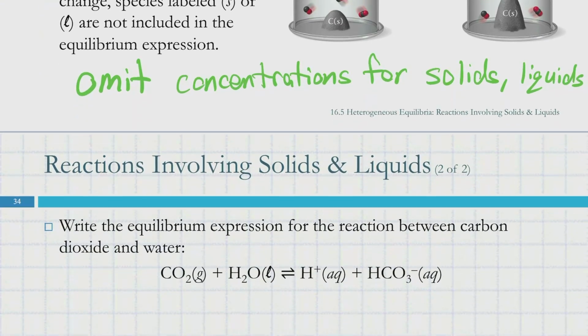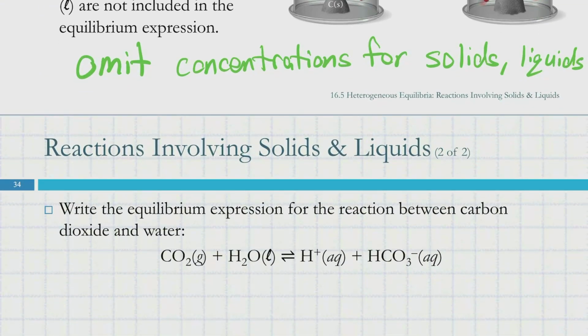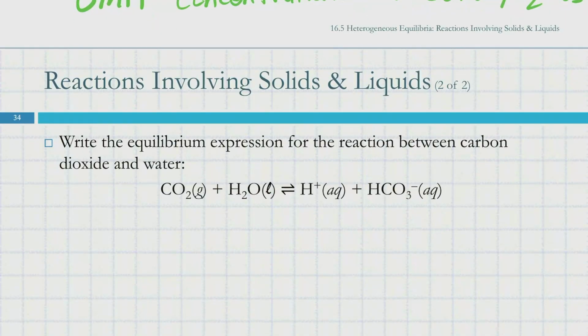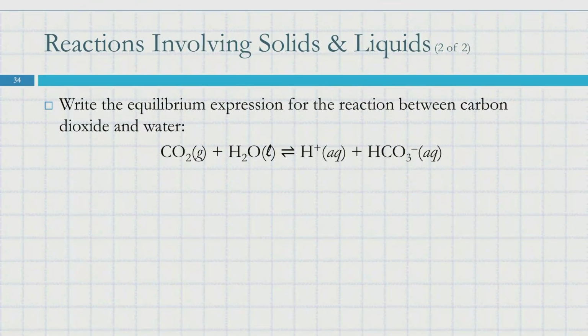What this looks like in practice is we've got the reaction of carbon dioxide dissolving in water, water being a liquid, everything else being gases and aq. So we can write out our equilibrium constant.